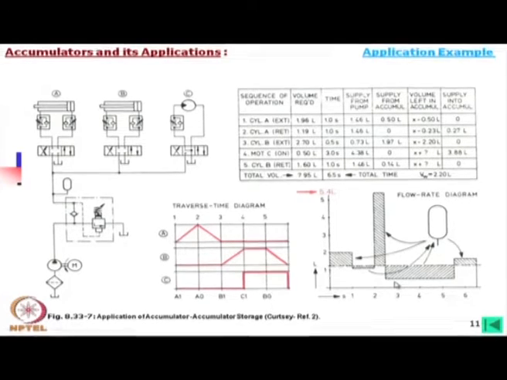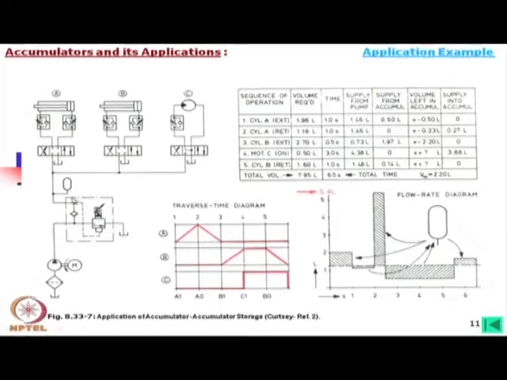Now, a few systems are shown. Application of accumulator and accumulator storage, that means how the volume is being stored in the accumulator for different processes, is given over a chart here. Let us consider a system. We can consider two linear pistons and one rotary pump, run by the same system.